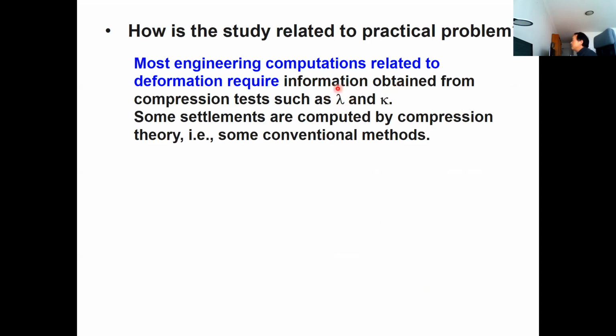And 2 of them, lambda and kappa, are determined directly and straightforwardly from the compression behavior. Also, you can estimate the settlement of geotechnical structures by the compression model or compression theory.